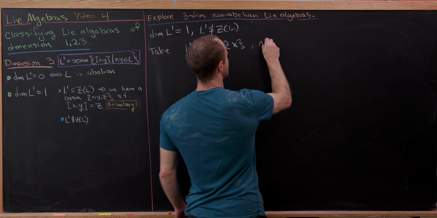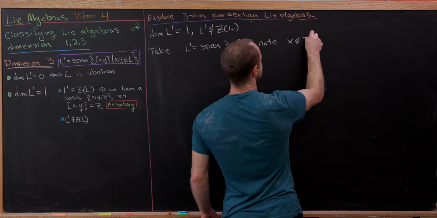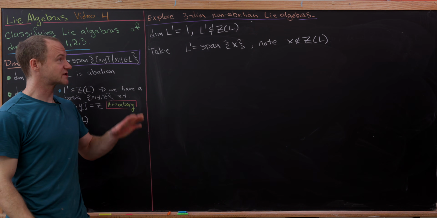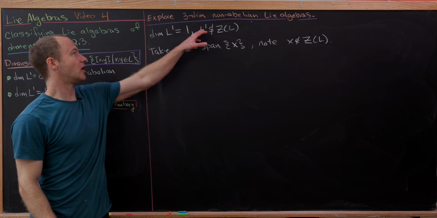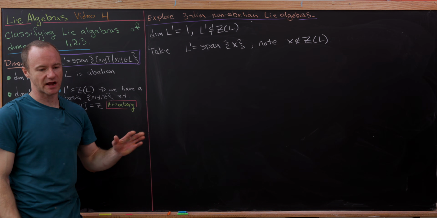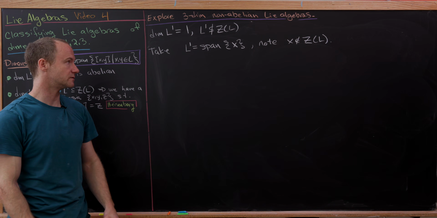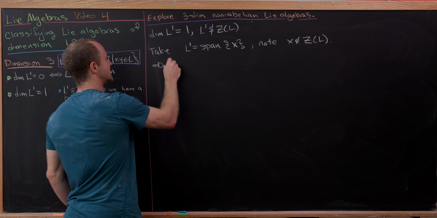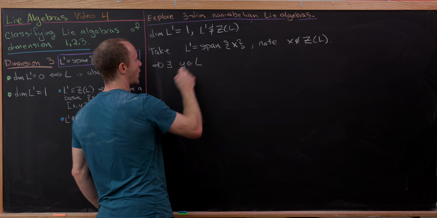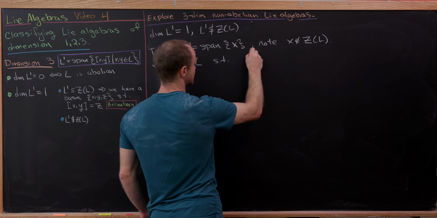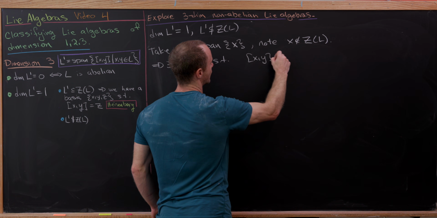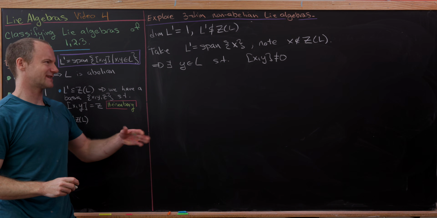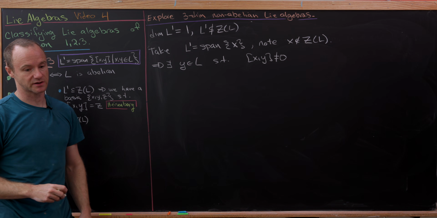And like I said, we know that x is not in the center. That's because if x were in the center, then all of L prime would be contained in the center, and we're supposing that is not true. But since x is not in the center, that means that there exists some y inside of L such that the bracket of x with y is non-zero. Because, well, that's what it means to not be in the center.